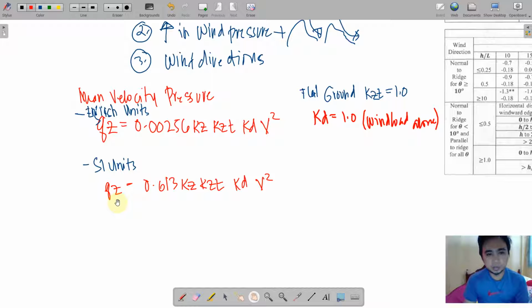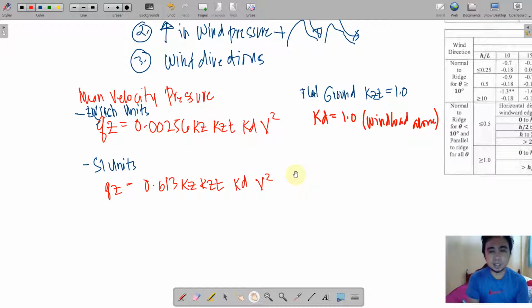Mean velocity pressure, that is 0.613 KZ, KZT, KD times V squared. Now, what is this V squared? V here is the velocity of a 3-second gust measured at 10 meters from the ground, or that is equivalent to 33 feet. So yung value ng V is dependent on the wind map. Iba-iba yung wind map in every country.